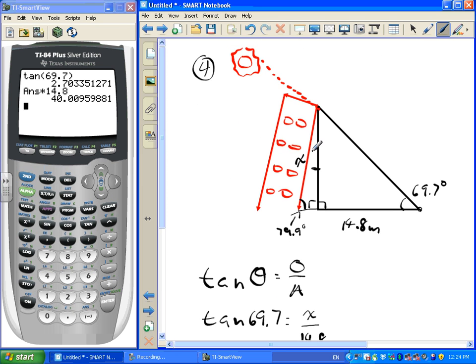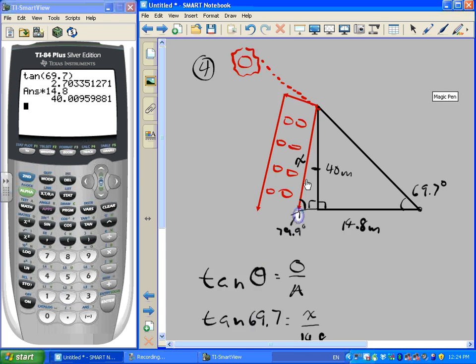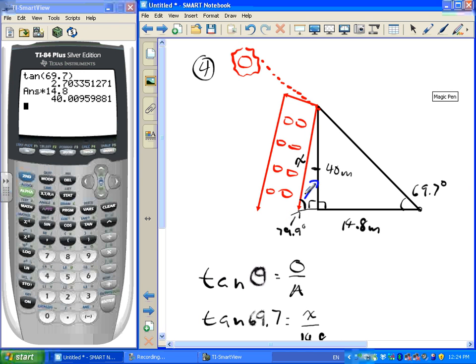So, the height to the tip of this building here, the common side of the 2 triangles, is 40 meters. Now that I have that, I have this angle here, 79.9. I have the measurement of that angle. I have the measurement of the opposite side, and I need to find the hypotenuse.